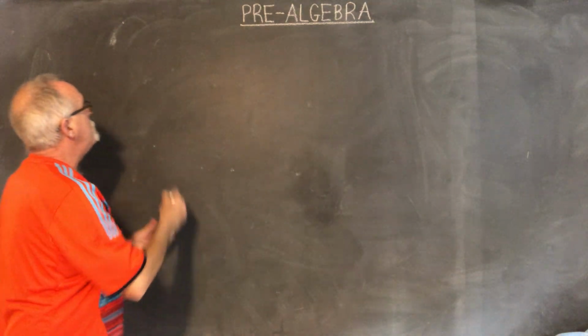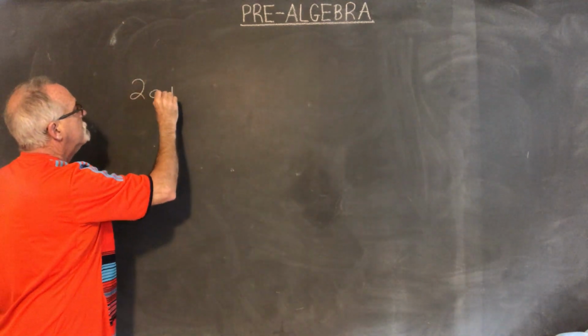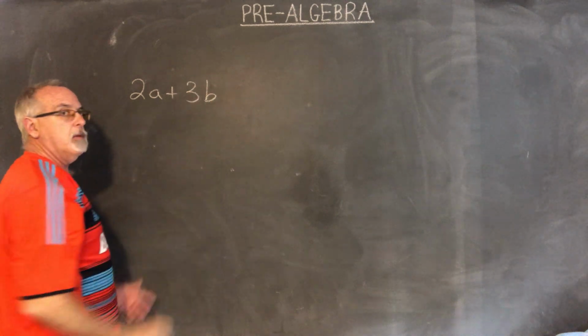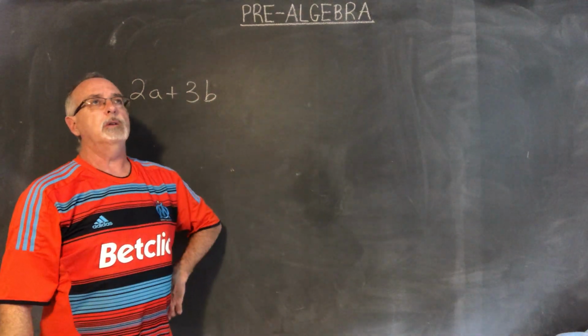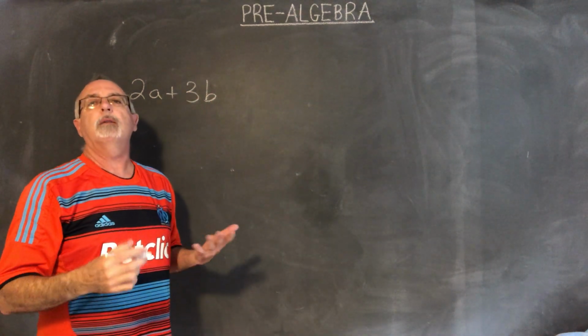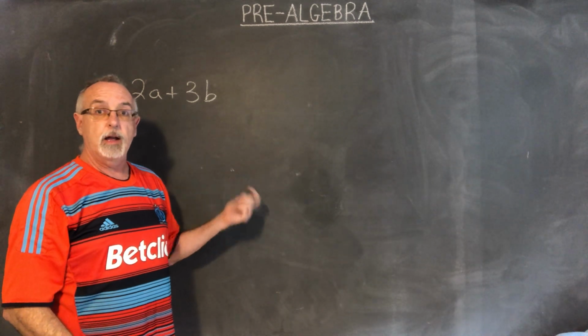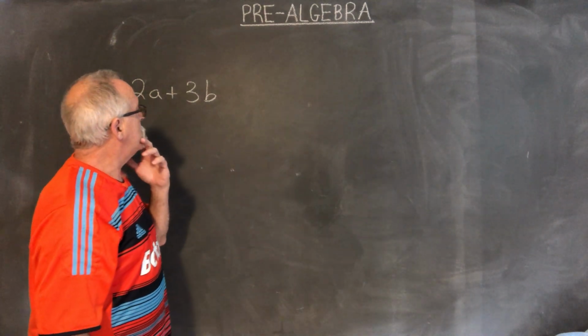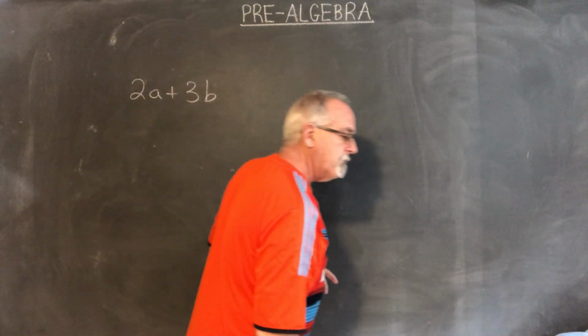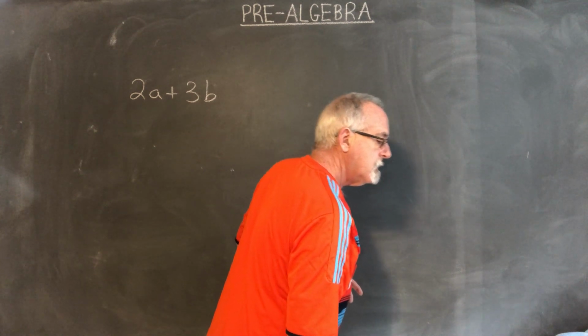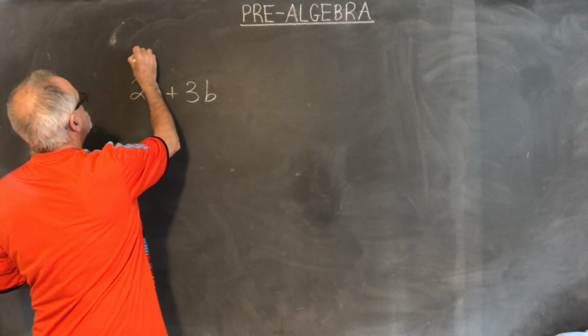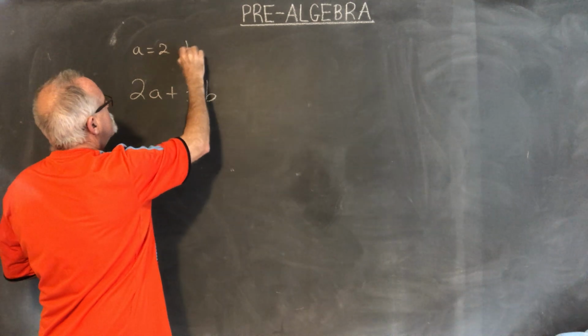2a plus 3b. Okay, the problem here is I can't just say if a equals and give you a number. I have to provide a value for a and a value for b. So I'll just say a equals 2, b equals 3.